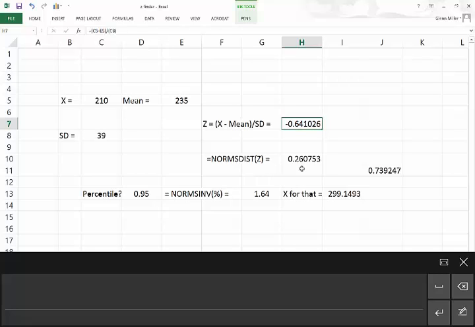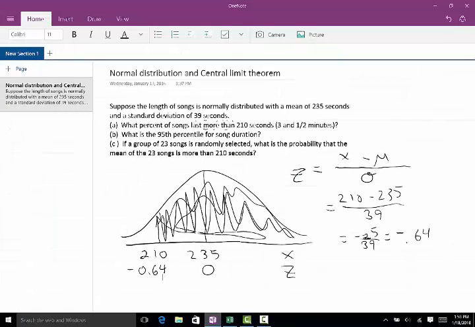So the area is 26.07%. Let's go back and see. This area, look where I put it, is 26.07. That's from the NORM.S.DIST function. Now notice that that's not what we want.